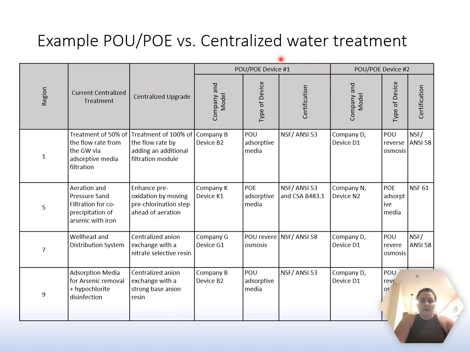Then we looked at one point of use or point of entry device here, so this is alternative 2, and then another point of use or point of entry device here, which is alternative 3. So you can see there's 3 different options that we're considering. When we were looking at this project, we really wanted to understand the differences between these. At this point, we haven't defined our criteria, we've just defined our alternatives. And that's important. You need to know what you're comparing before you can go anywhere.